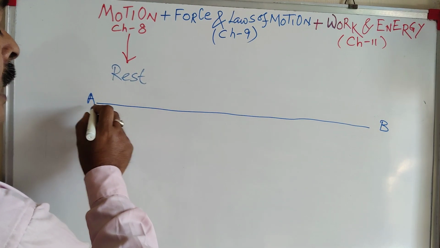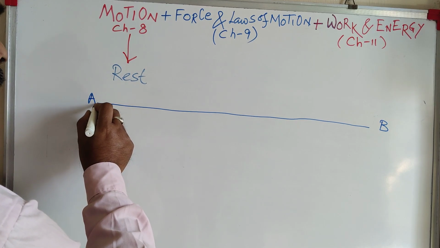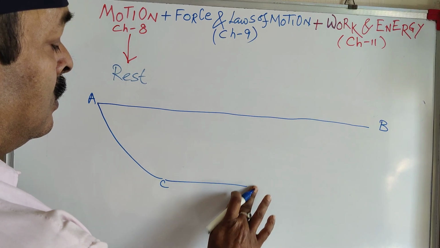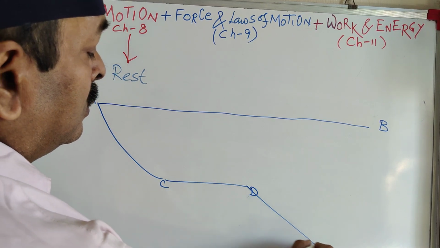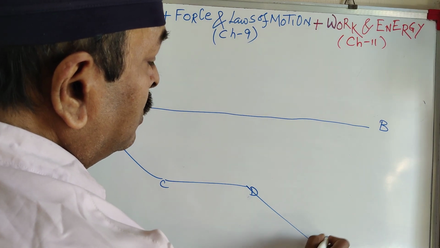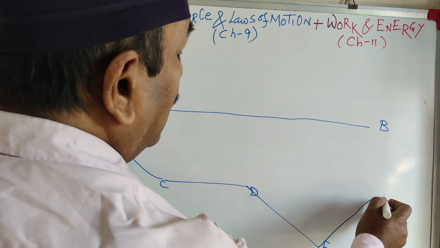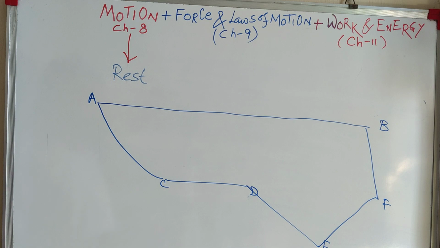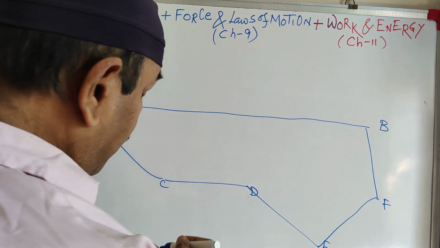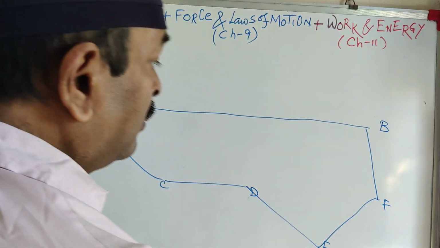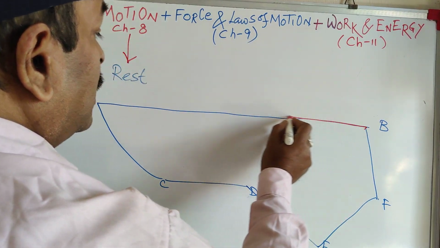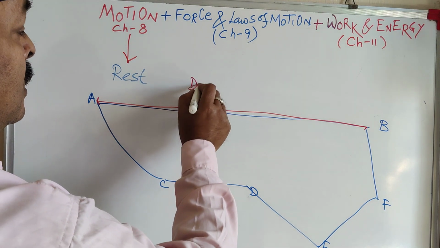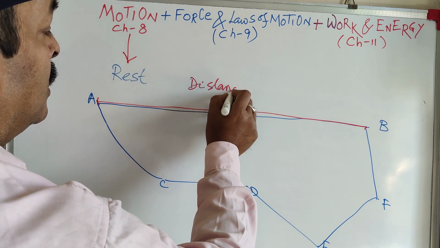Now suppose it goes from A to C, then from C to D, then D to E, then E to F, then F to B, and finally from B it has come back to A. So what is the distance covered?